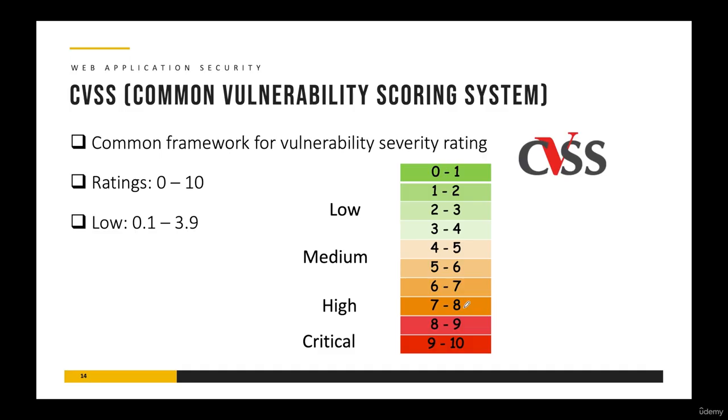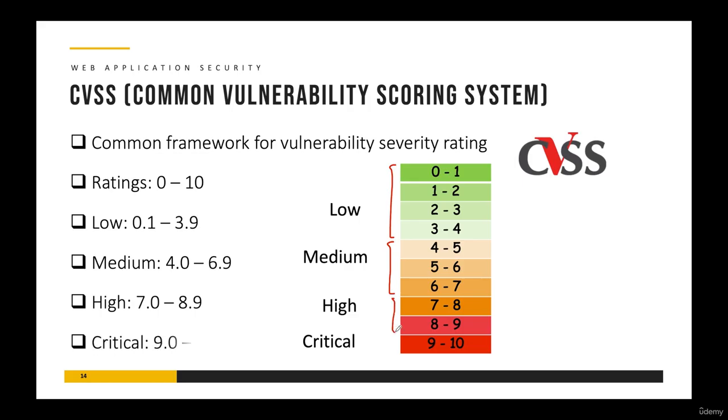Low is considered 0.1 to 3.9, from 4 to 6.9 we have a medium rating, high is considered 7 to 8.9, and finally we have the critical vulnerabilities in the range 9 to 10. Based on the assigned score, we can determine the severity of the vulnerability, and therefore appropriate resources can be assigned.